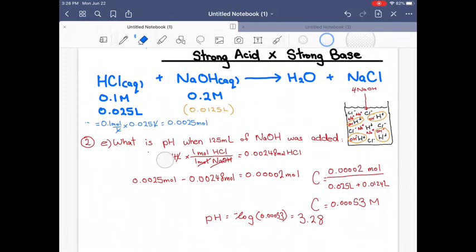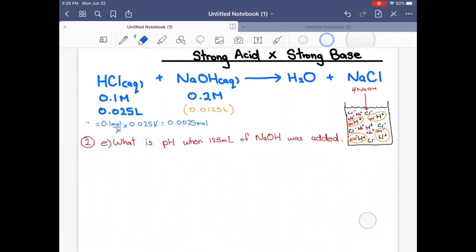Let's erase all of this, because all of this will make no sense. Because right now, you are at the equivalence point.